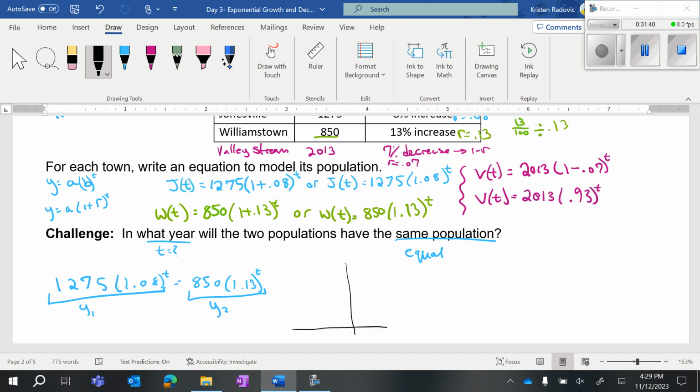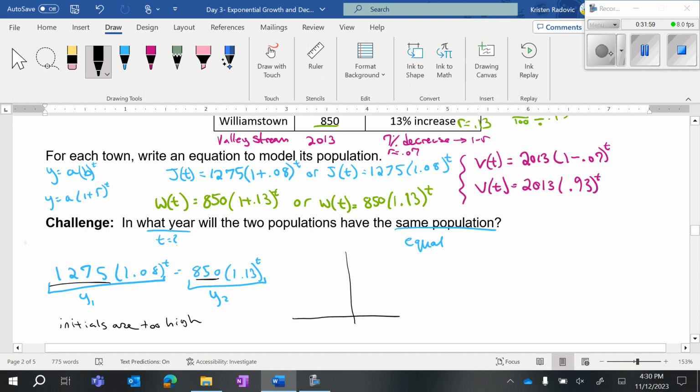So can you actually try to graph it? That way you can make sure you can do this as well. If you were to put these in the calculator, the thing is you wouldn't see anything, because your initials are too high to see anything.